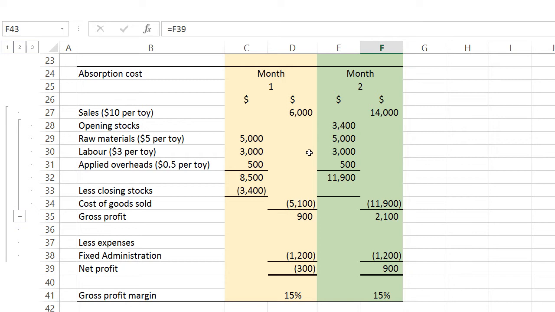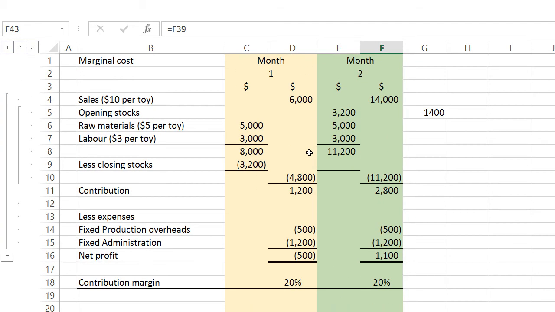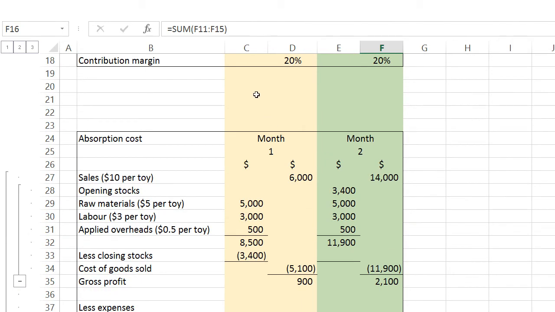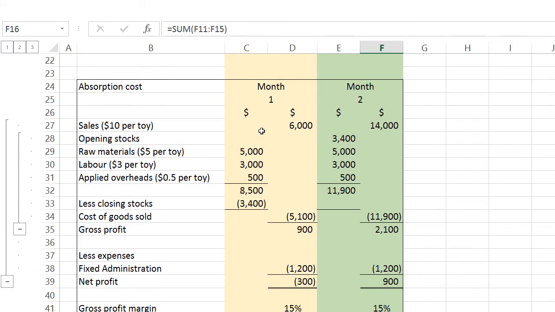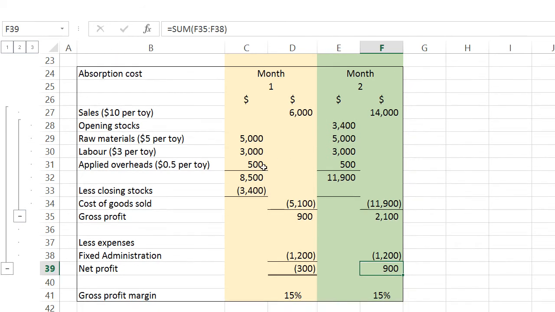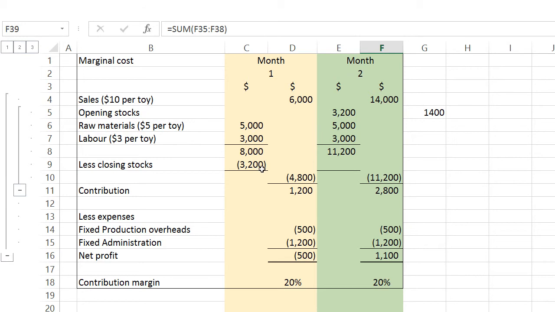Now do you observe here that, hey, wait a minute, again the profit of month 2 and month 1 of this absorption method is exactly different. You observe here, absorption cost gives you net profit of 900, whereas the marginal cost method gives you net profit of 1100. Different. Why different? The difference arose because of the difference in the stock value.